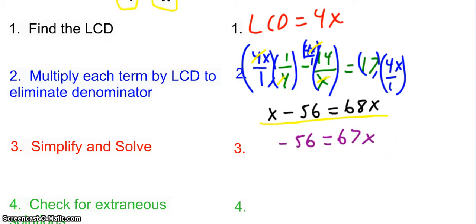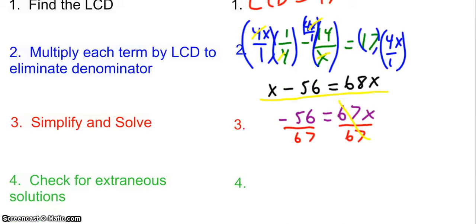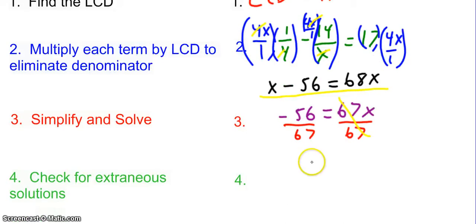And then we can divide both sides by 67. Those cancel. And we're left with x equals negative 56 over 67.